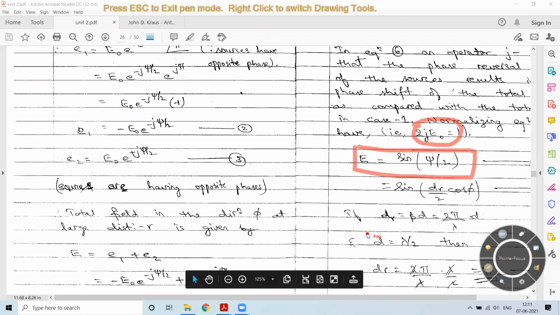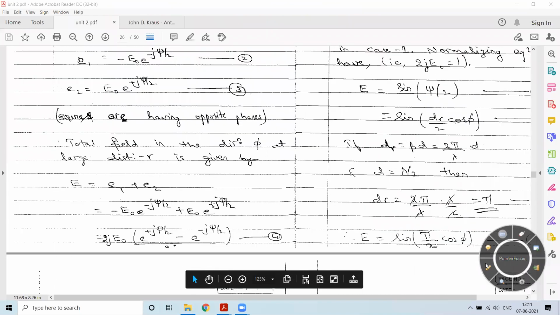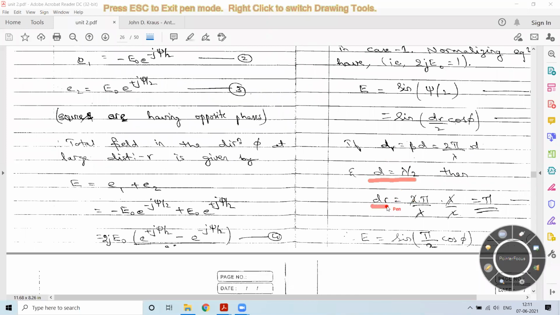Now again, if I consider d is equal to lambda by 2, if I assume that the distance between the two sources is lambda by 2, then how will the field appear? If I want to observe that, we know that d is equal to lambda by 2. So from that you estimate what dr is.